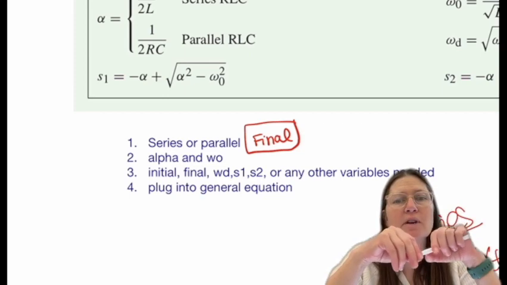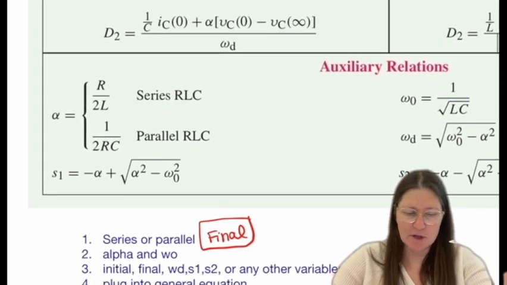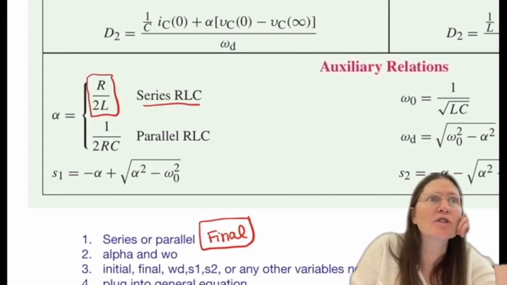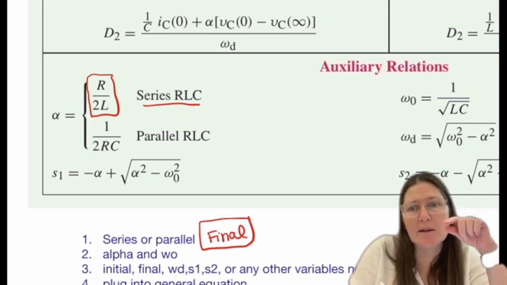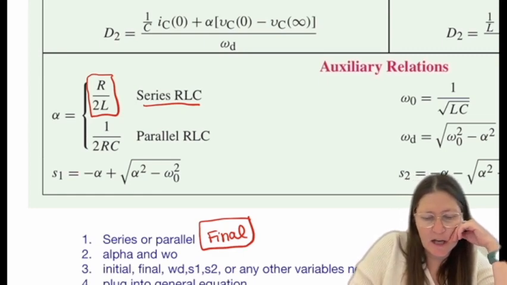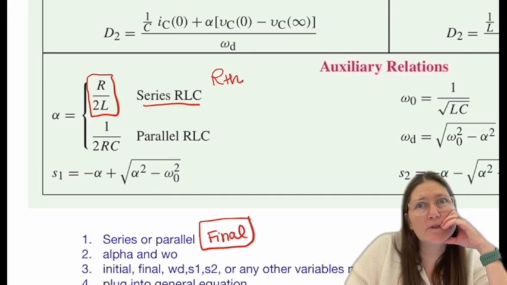From there, you're going to find alpha and omega naught based on the equations for series or parallel. So if it's series, you're going to use R, which is RTH. That's going to be the RTH between the terminals of A and B of the elements. And again, RTH will be what state for the circuit?